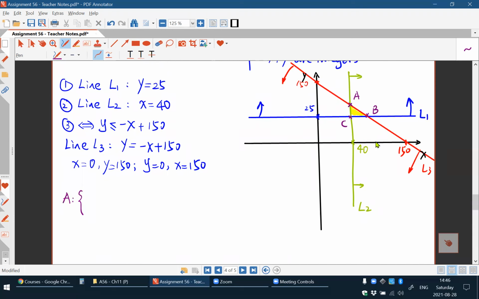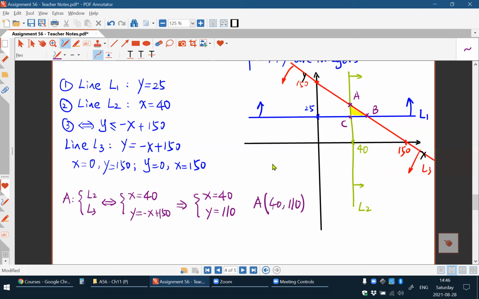Point A is an intersection between L2 and L3, which is x equals 40 and y equals minus x plus 150, right? And this gives us x equals 40 and y equals 110. So the coordinates of A is 40, 110, right?